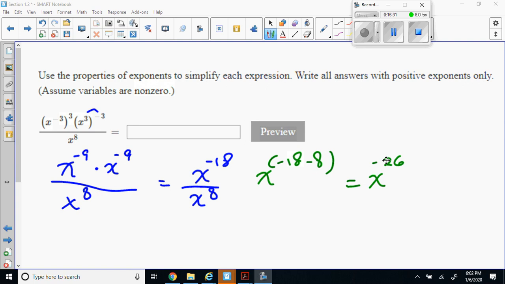If it's negative, then it needs to go to the bottom. That's a confusion point on the quotient problem. Everything is being worked on one level up top, right? If it comes out to be a negative, move it to the bottom. So that x to the negative 26 really becomes what? 1 over x to the what?